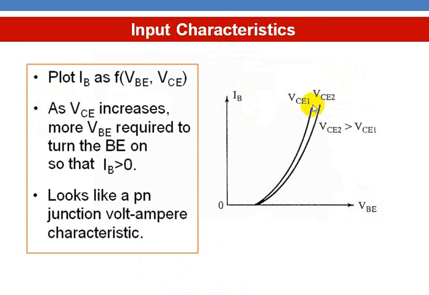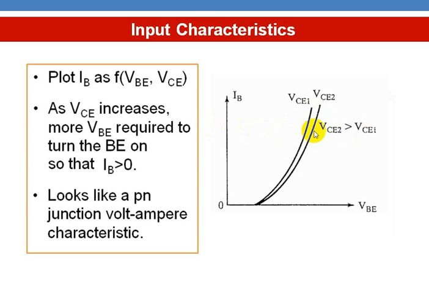This curve looks similar to the forward characteristics of a diode. When the voltage reaches the cut-in voltage, the device starts conducting current. There are two curves here, one for VCE1 and another for VCE2. VCE is nothing but the collector to emitter voltage. Here VCE2 is greater than VCE1.